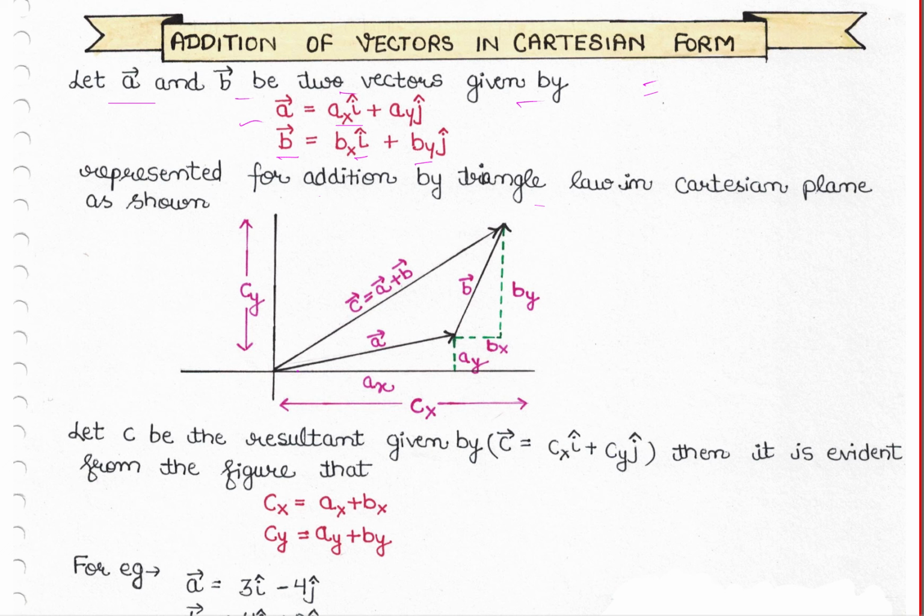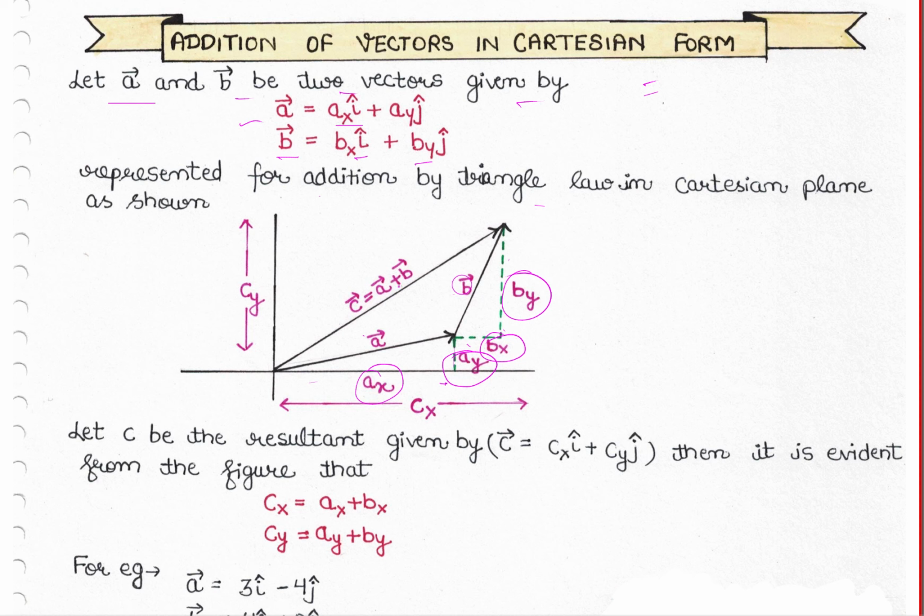So we can write ay like this and bx like this. This is a and this is b, and a vector's components are ax and ay, and b vector's components are bx and by.